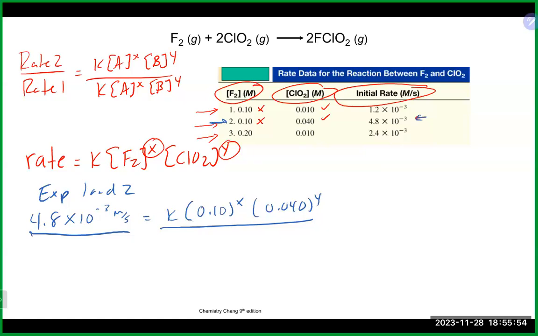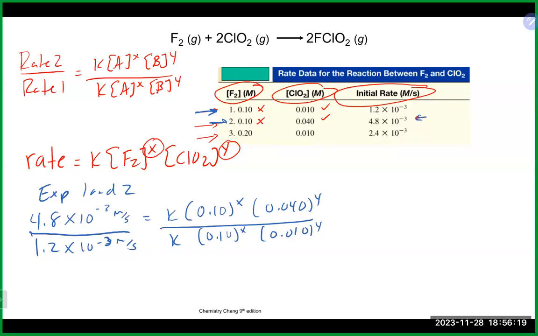I'm now going to put the first entry on the bottom: 1.2 times 10 to the minus 3 molar per second equals K, 0.1 to the X, 0.01 to the Y. Any questions on how we got those numbers? Obviously, you can't mix and match, so you have to keep everything from one line together.